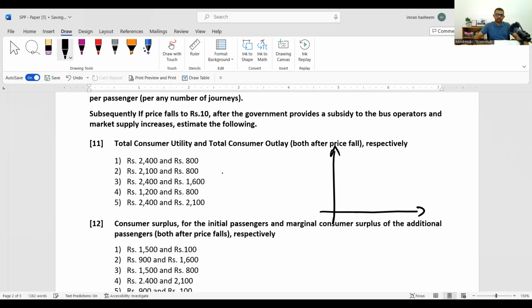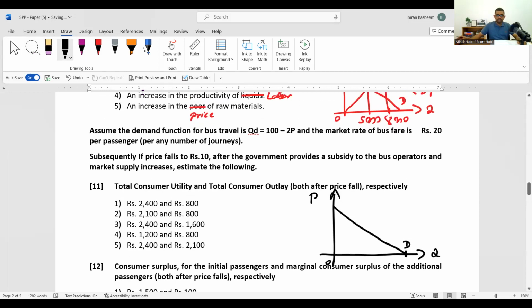So we have price, 0, quantity, and the demand curve, if I draw it this way. This would be based on the demand equation. What was the demand equation? QD equals 100 minus 2P. So easily you can figure out this is 100.